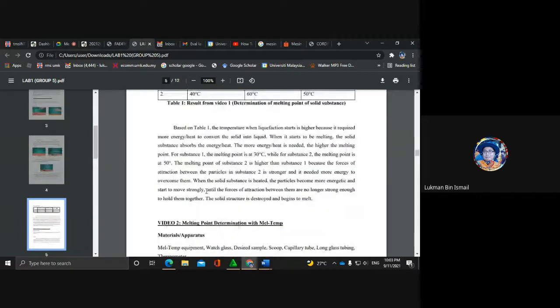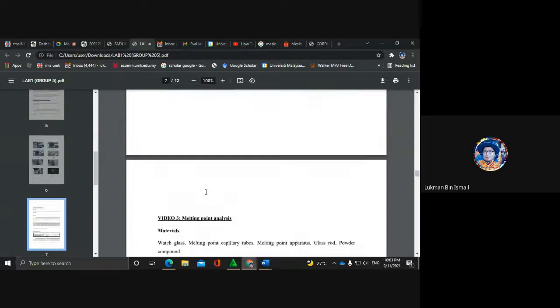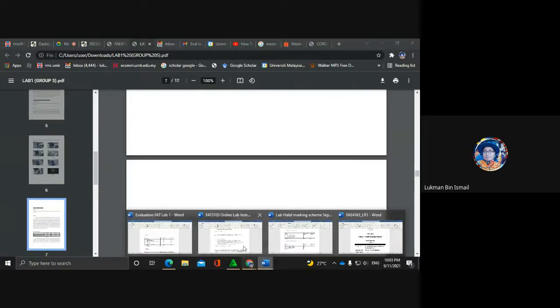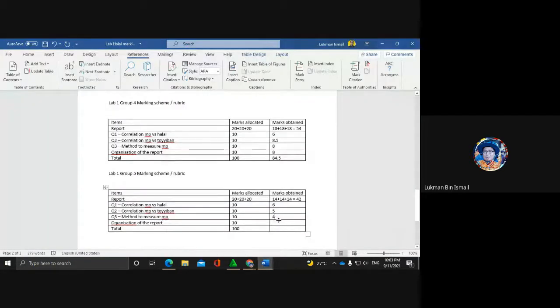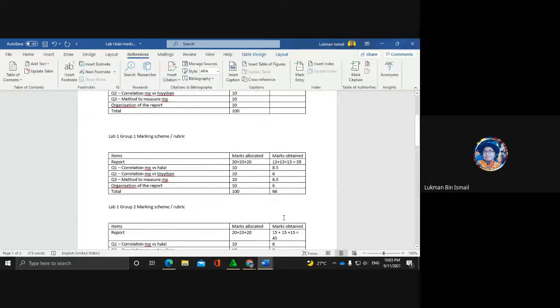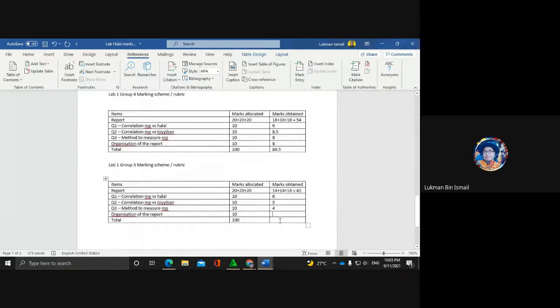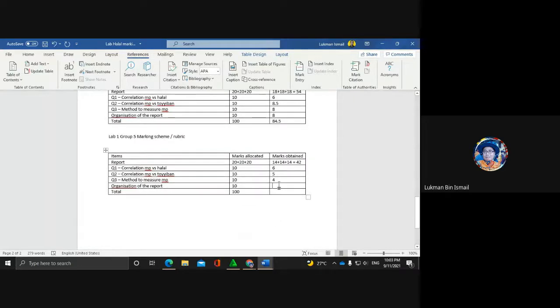The title of the figure. Figure tu tak ada title. So memang tak cantik lah. Yang lain saya bagi 8 semua. So 6. So you all dapat markah kesian 5 lah.